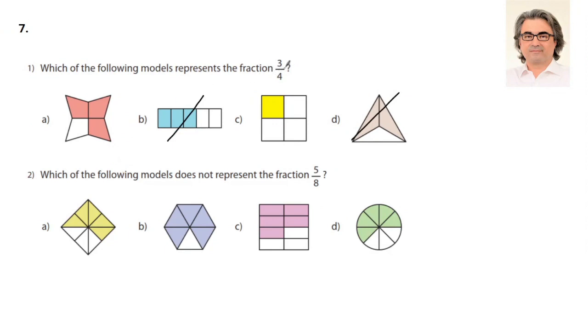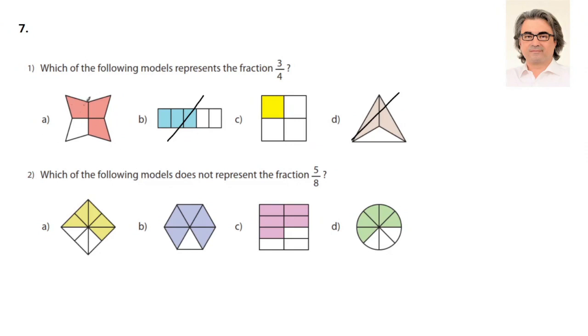And what about 3? What about the numerator of this fraction? 3 over 4. The numerator is 3. It means I should count the number of colored pieces, or the taken pieces, 3.